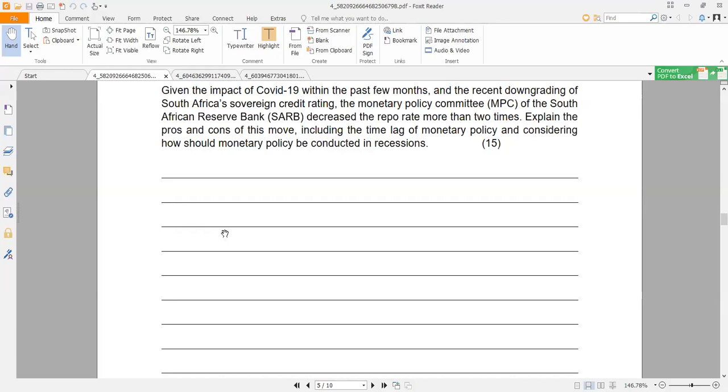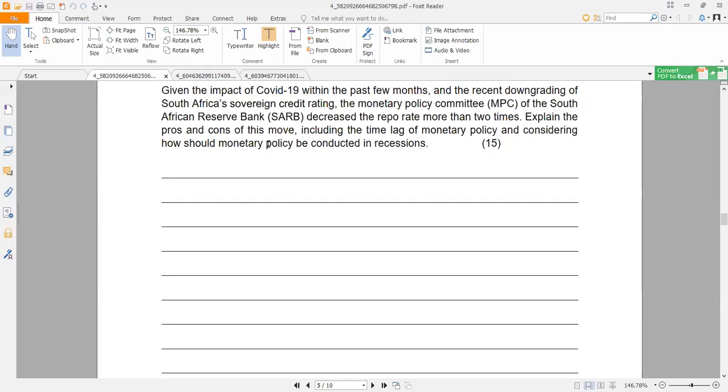What are the advantage, or what can we say about the disadvantage? Because we said we need to also look at the disadvantages of this move. What are the disadvantages of reducing the repo rate? What are the disadvantages of decreasing the repo rate?